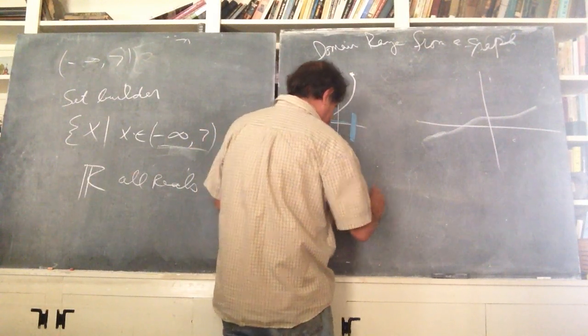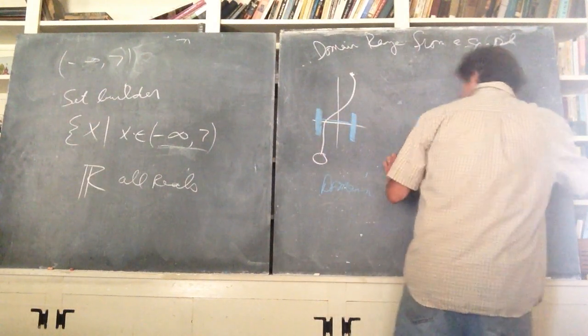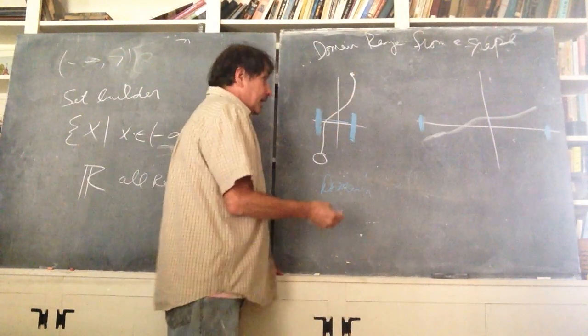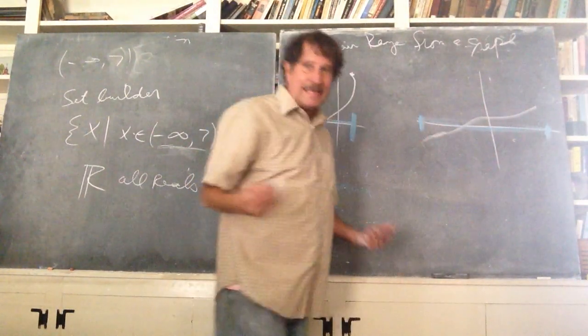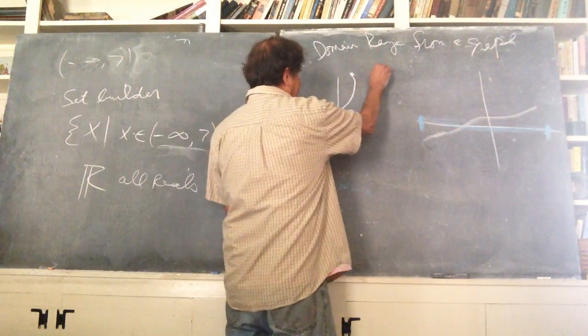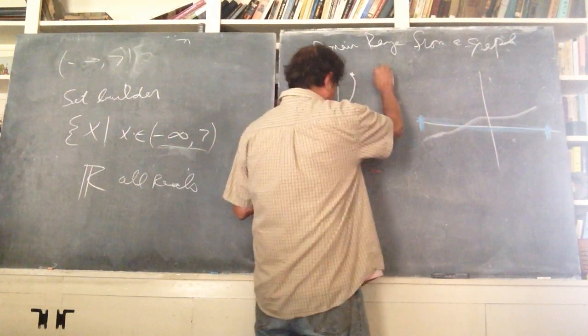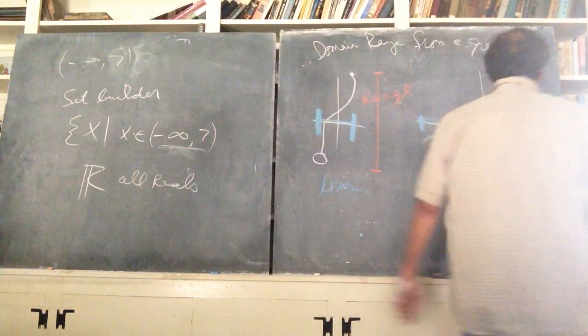And I think I used different colors last time. Sorry about that. So you can look at it this way. Those are the x's you can put into the function. The range is along the y-axis. That's the range. Oh, and I'm standing in front again.